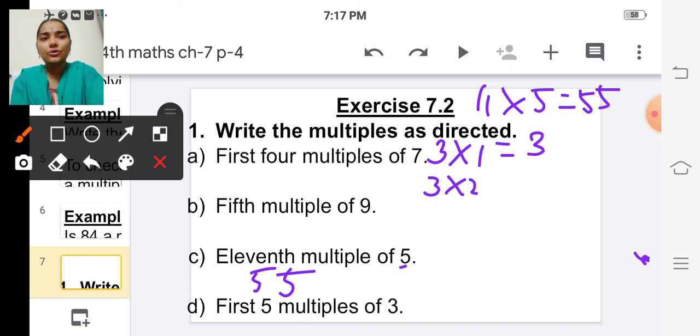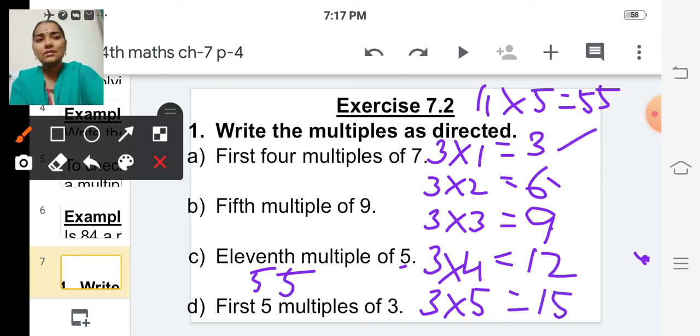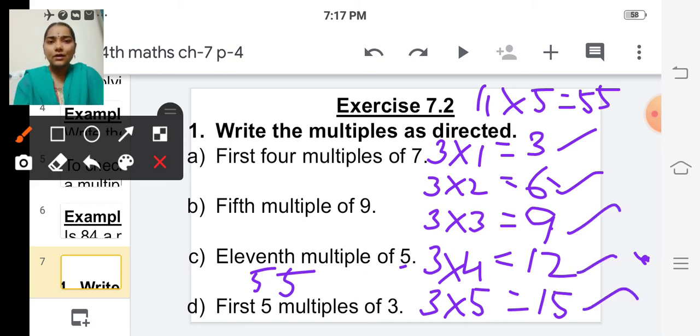And 3 into 2, 3 twos are 6. 3 into 3, 3 threes are 9. 3 into 4, 3 fours are 12. And 3 into 5, 3 fives are 15. So 3, 6, 9, 12, 15 are the first 5 multiples of 3.